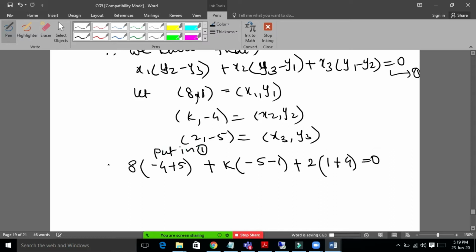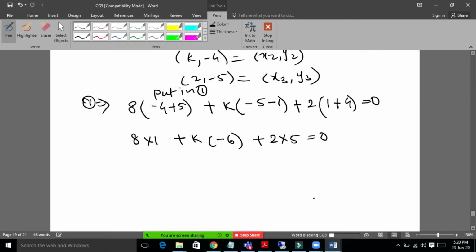Now we have to find out the value. So 8 into (-4 plus 5 is 1), plus k into (-5 minus 1 is -6), plus 2 into (1 plus 4 is 5), equal to 0.